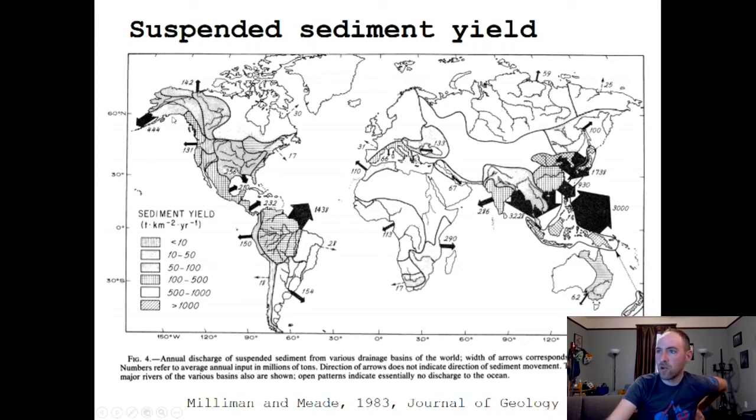Okay, the Yukon maybe has more bed load, but is still a suspended load dominated river. Here's the Mississippi River here, and so the annual amount of suspended sediment that gets delivered to the oceans is enormous, and so that's why it's important. It's both important for fluvial systems when we're talking about fluvial sedimentology and stratigraphy, but it's also important when we're starting to talk about coastal, deltaic, marine, offshore, etc.